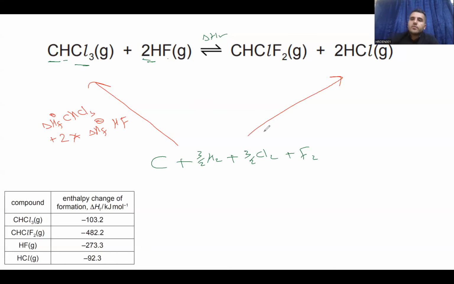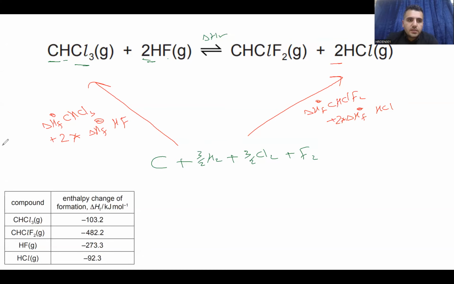And we are over from the reactant side. And the product side, we have delta HF of CHClF2 plus delta HF of HCl, right? But this one should be multiplied by 2, sorry, because we have 2 moles of it.